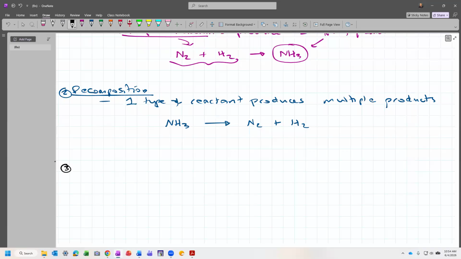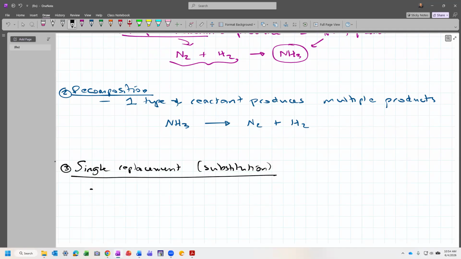The third type is called a single replacement. Sometimes this is called a substitution reaction. Okay, and in a single replacement or a substitution reaction, we have one element that takes the place or substitutes another element from a compound.